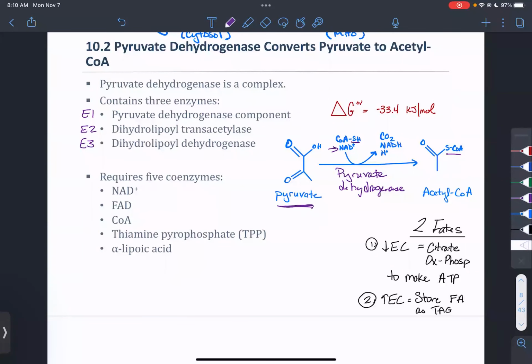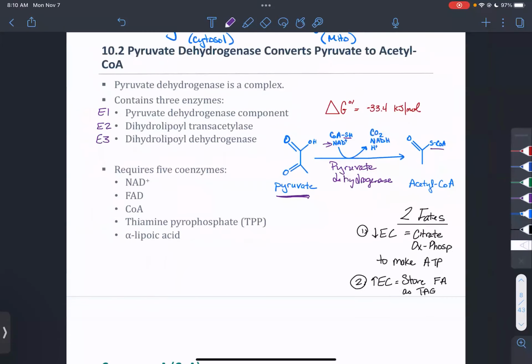But basically, we're going to get a decarboxylase for 2 carbon groups. We're going to transfer those 2 carbon groups until we get to acetyl-CoA substrate. So those 2 carbon groups that are going to eventually end up on acetyl-CoA are going to get bounced around until we get to the end and we're ready for the citrate cycle.